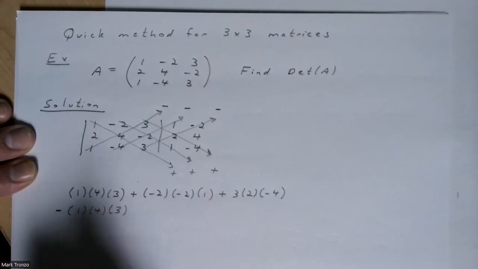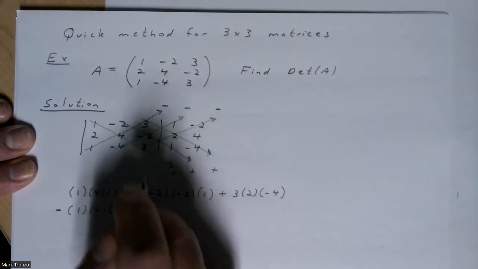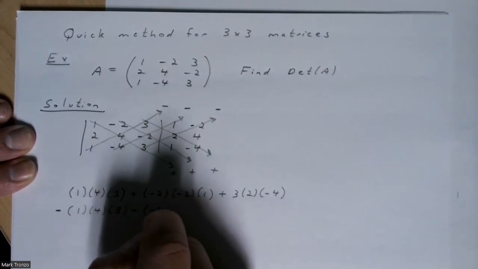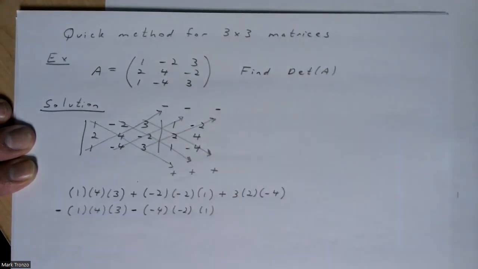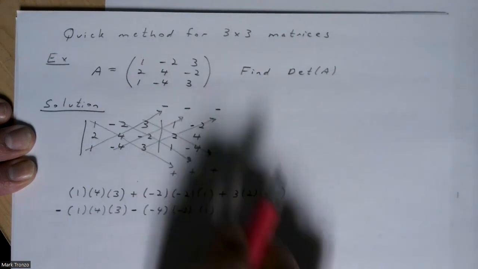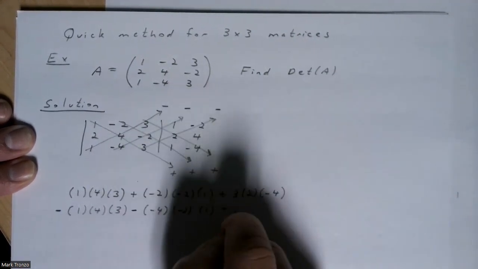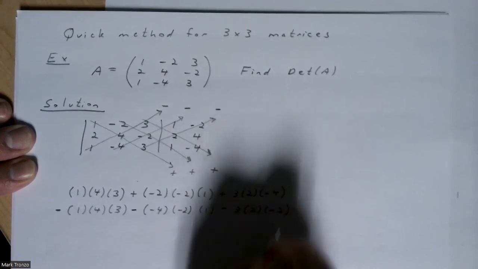Again, that's negative. Then go to this arrow here and have a negative in front. Negative 4, negative 2, 1. Then go to this one here. Once again, these are all negatives. This is going to be 3, 2, minus 2, like this.